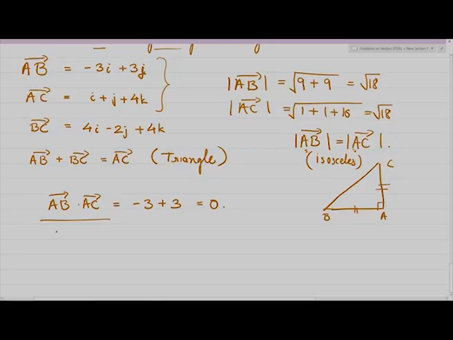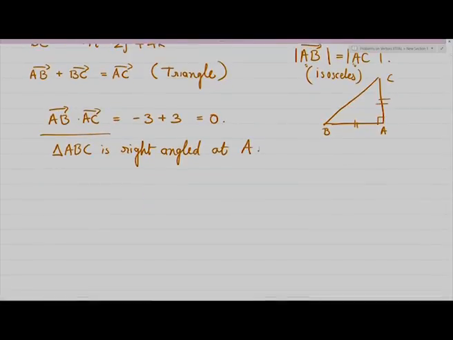Therefore, triangle ABC is right angled at point A, correct.